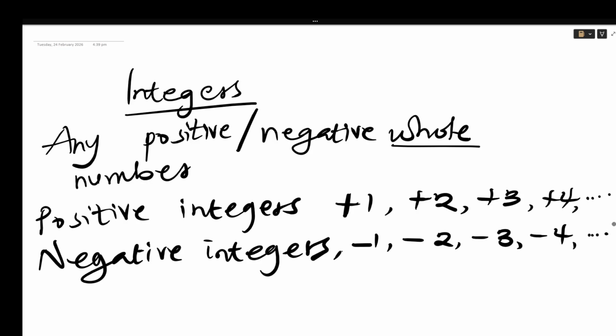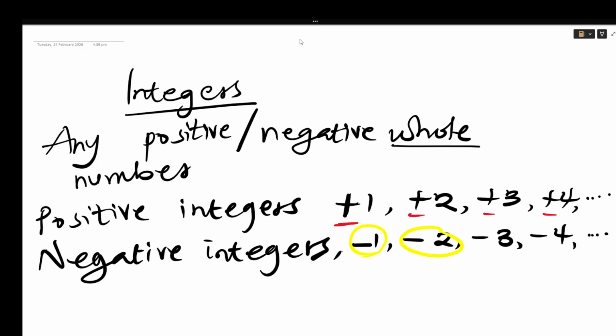But in mathematics, whenever we write a positive integer, we don't append the plus sign. It's only negative integers that we are extremely careful of. We have to show that this is a negative integer.